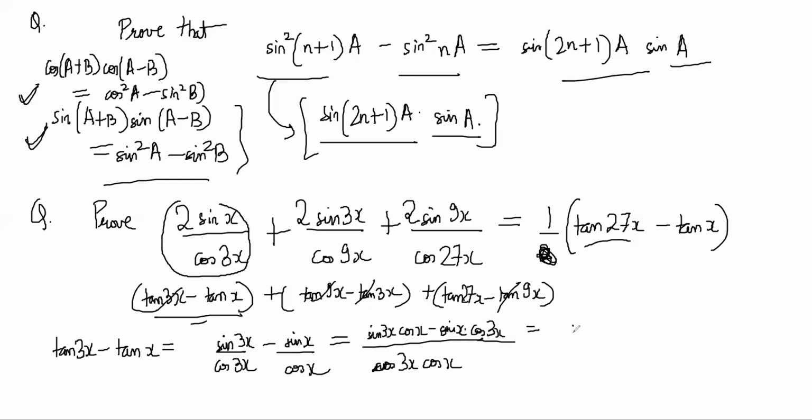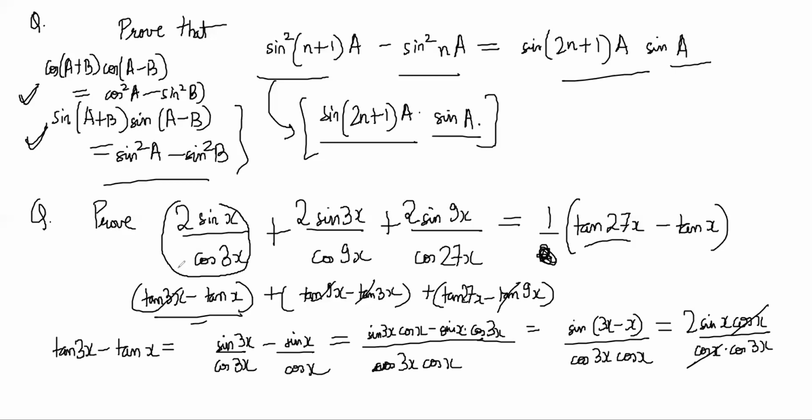So this is sine of (3x minus x) on top, divided by cos 3x cos x. On top it becomes sin 2x, which is 2 sin x cos x, and cos x cancels. It becomes 2 sin x by cos 3x.